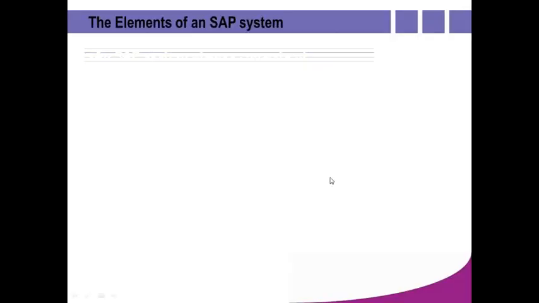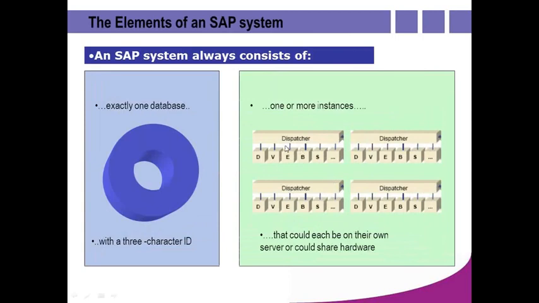Each and every dispatcher is associated with multiple work processes. What are those work processes, and how many? We will see it later. Now, can you tell me how many instances, how many dispatchers you can see here? Four.